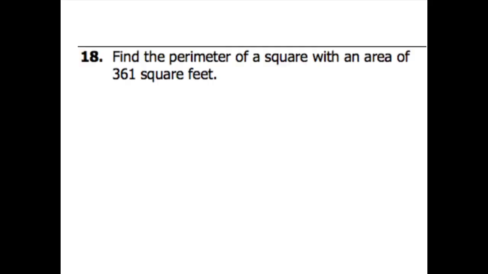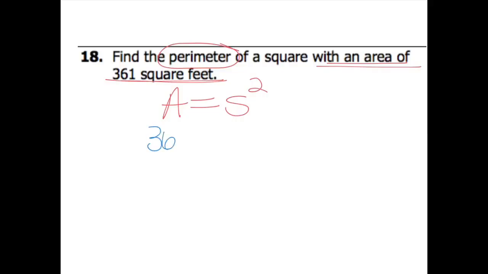To stick with our theme of circling what we're trying to find and underlining what we are given, we're trying to find the perimeter, which is the distance around a figure, but what we're given is the area. We're going to start off by writing the area formula for a square, which is area is equal to side squared. We're going to substitute in our knowns. We know that the area is 361, and 361 is equal to side squared.